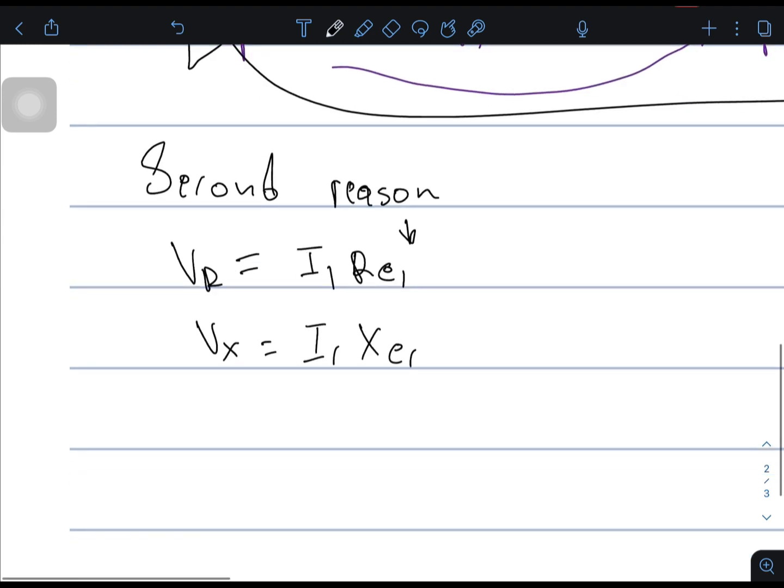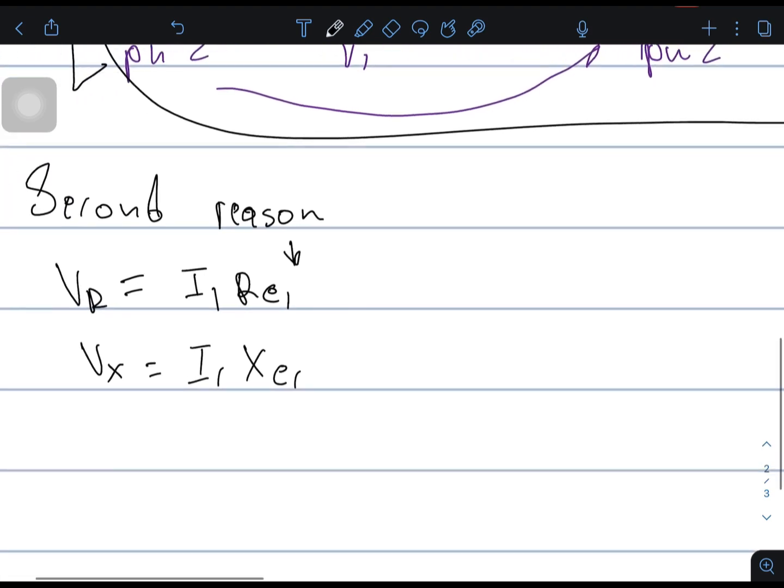Or if I want to find the internal voltage drop due to resistance but I'm referring to the secondary side, it is I2 RE2. This is when I've referred to the secondary side.